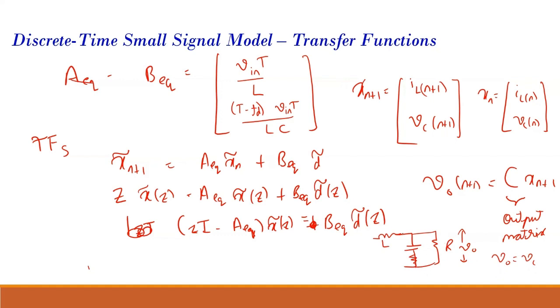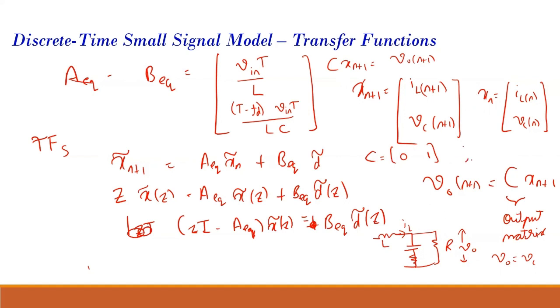If there is ESR of the capacitor, then a component of IL will also come into the picture. So in the ideal case, C will be equal to [0 1]. When C is multiplied by x of n plus 1, I will get V output of n plus 1.